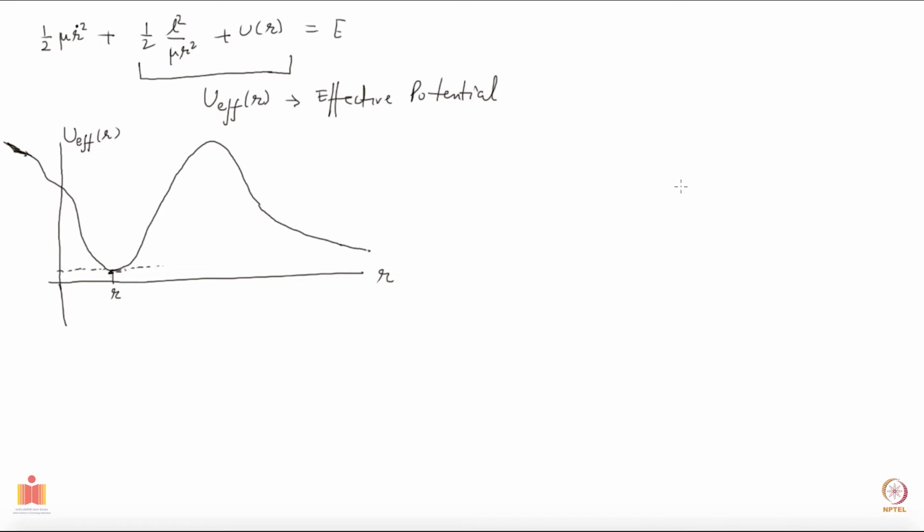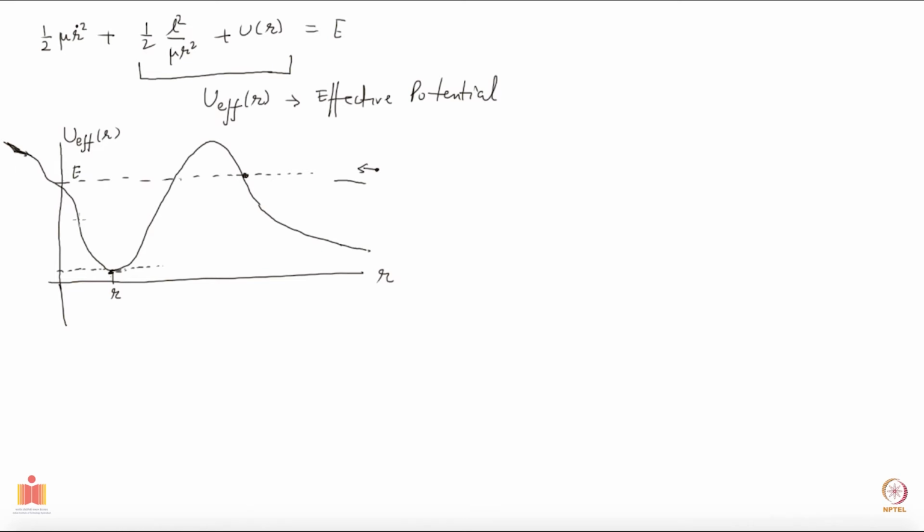Then what you can have is that you start your particle somewhere here, and let's say the particle has energy equal to this value. If your particle has this much energy, and it has started from this direction and is coming in, it will hit the turning point and return back, and it will go to infinity and never return again. That's one other possibility.